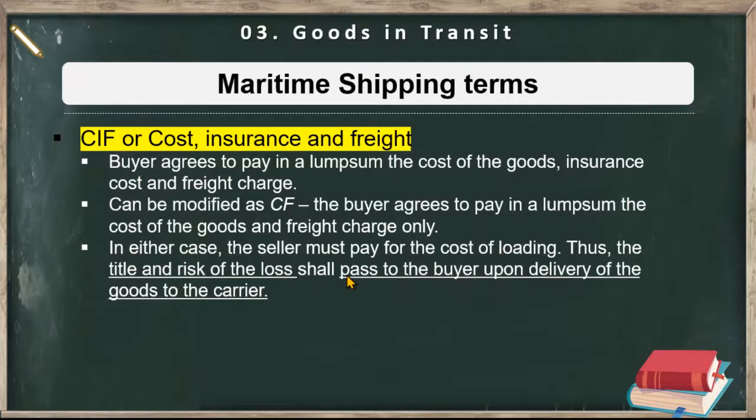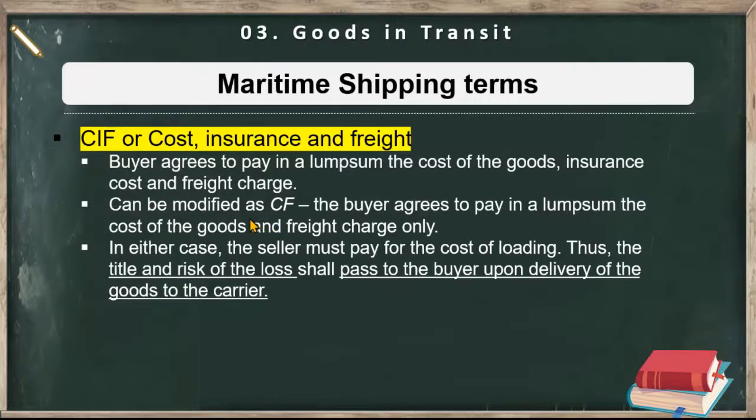So, once nga makarga na ang goods, 'di ba? The buyer, upon delivery of the goods to the carrier ha, sa carrier. So, meaning kung gikarga na siya sa barko, dito na siya gibutang sa barko, na-pass na ang title. And of course, siya man pwede bayad sa pliti o sa tanan-tanan. So, we can say na siya na gyud ang tag-iya sa goods upon shipment.